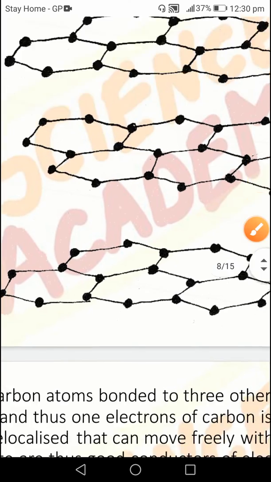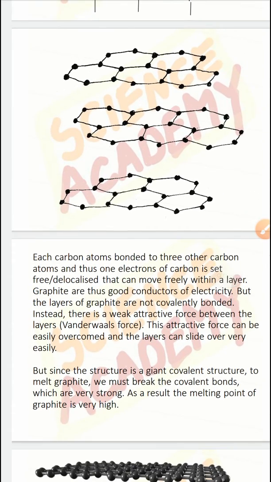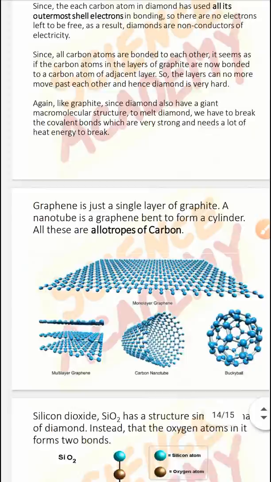So diamond is hard, diamond is not slippery, diamond is not a conductor of electricity, and diamond has got a very high melting point. These are all the properties of diamond.